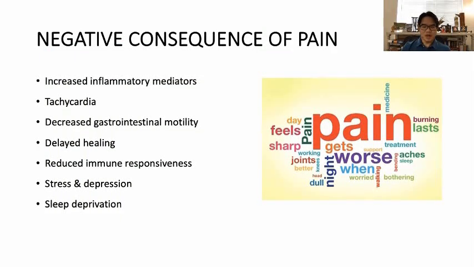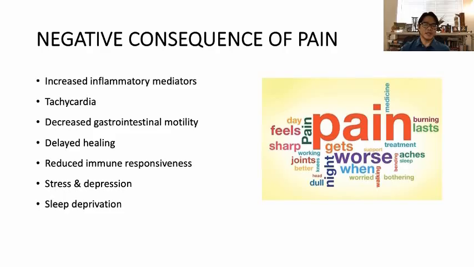The main reason why we need to manage pain or get the pain under control is because there are a lot of negative consequences of pain if it is not under control. For one thing, you're going to have increased inflammatory mediators that cause not just the local area to be inflamed or swollen, but it could be a systemic problem.